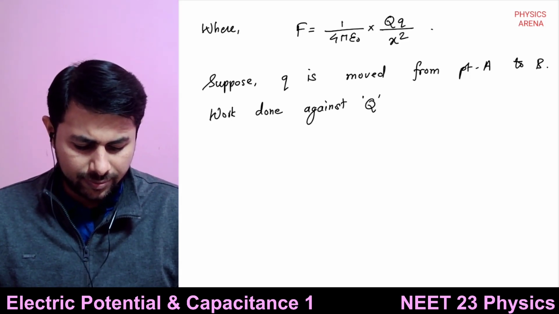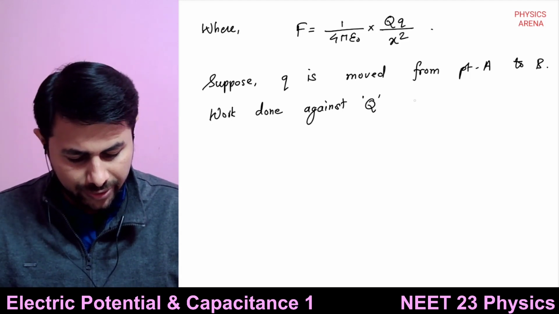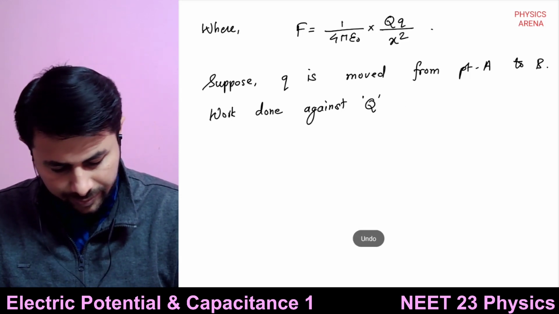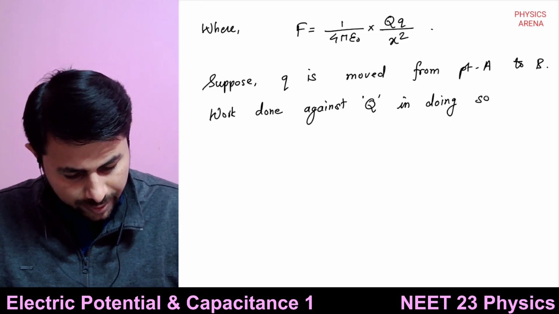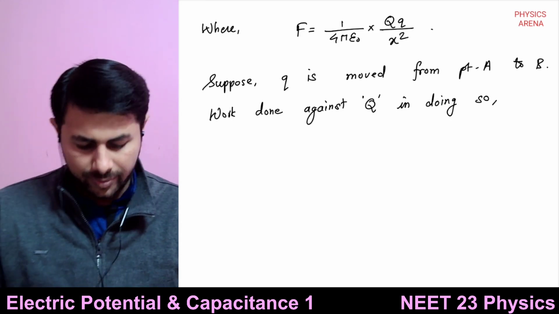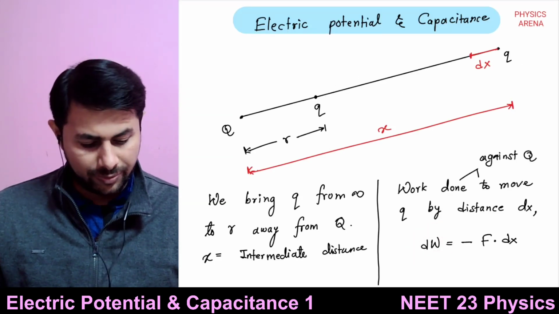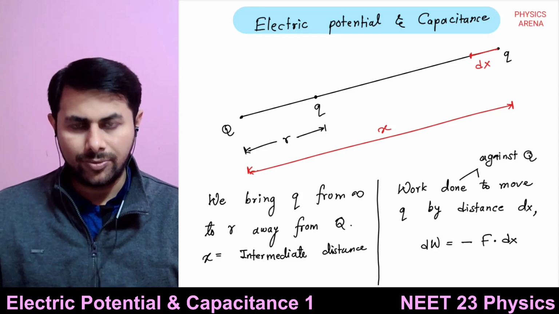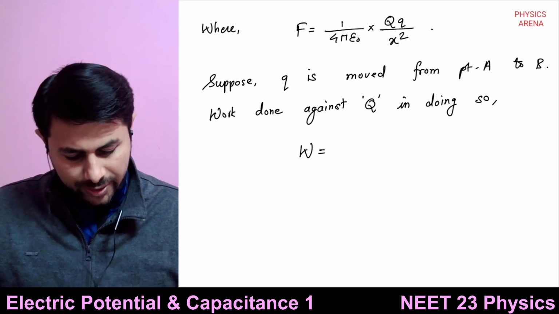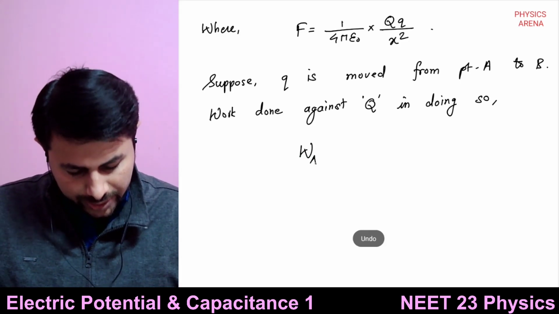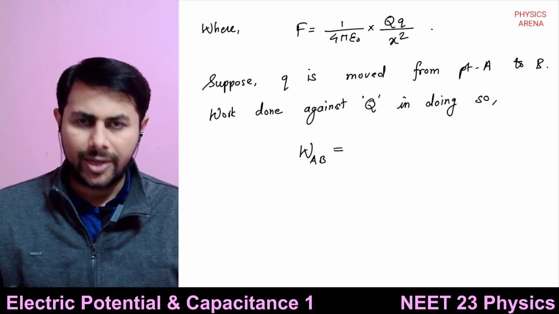I will just say against capital Q, meaning the electric field due to capital Q. In doing so, it will be the integral of this dW from point A to B. So W_AB is the work done to move it from A to B.